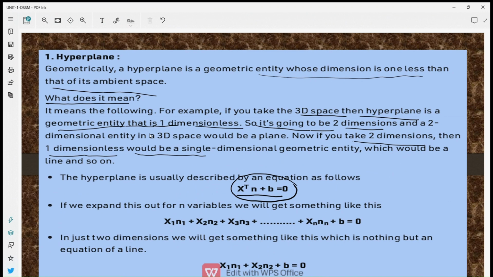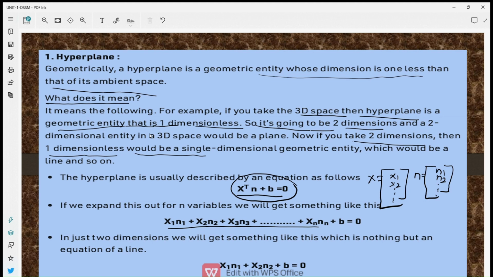If we expand this out for n variables, we will get something like this. Here x is nothing but a vector having x1, x2 and so on up to xn, and n is also a vector having the elements n1, n2 and so on. Here we are expanding the equation of the hyperplane into n variables.